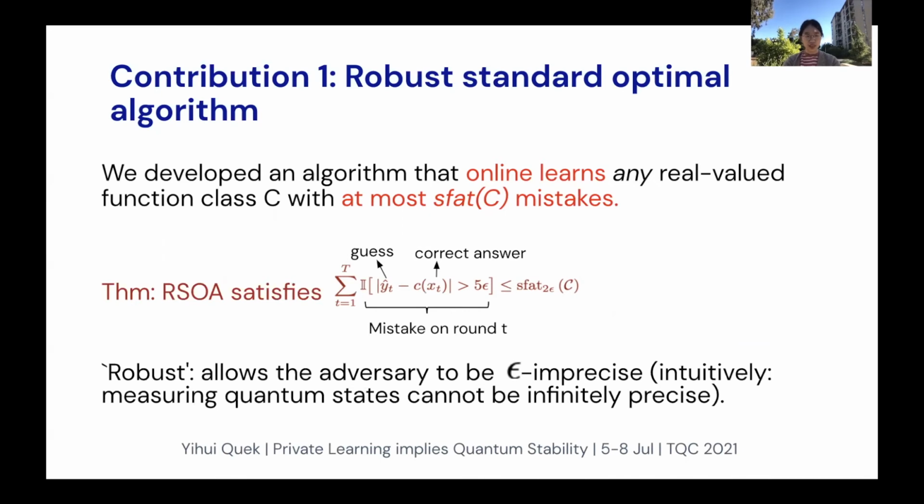The reason we call our algorithm a robust standard optimal algorithm is that it allows the adversary to be epsilon imprecise. This corresponds to the fact that in real life, the adversary is typically some form of repeated measurement by the experimentalist on the quantum state, and if the experimentalist is just going to repeatedly measure the quantum state, then the resulting estimate of the acceptance probability cannot be infinitely precise.